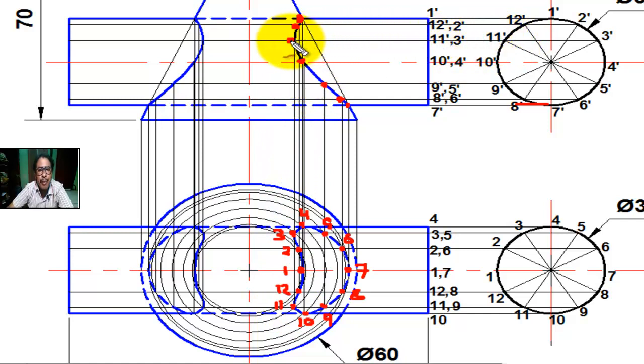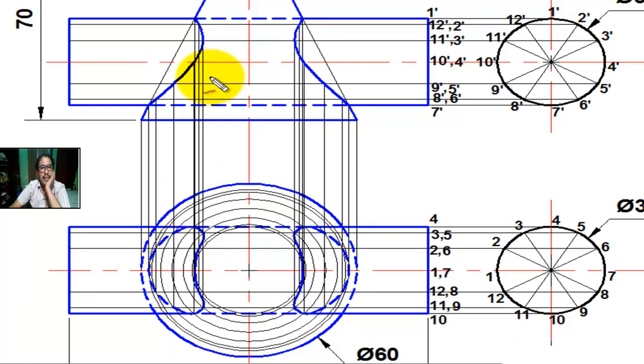From 11, we draw same intersection point. From 12, we draw same intersection point. Now with these points, we draw this curve. This is the curve of intersection in front view. This is the curve of intersection in top view. This portion is firm and this portion is dotted line, hidden line. Okay.